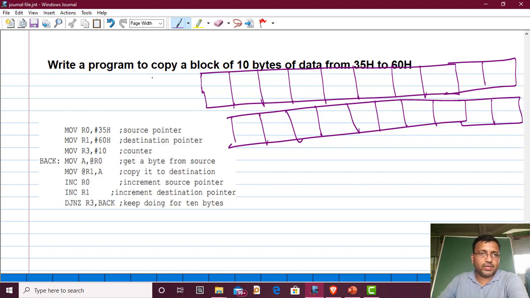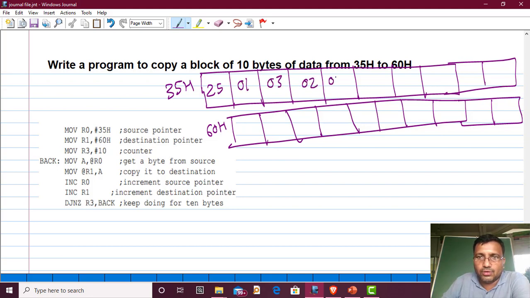This block starts with 35H and the second block starts with 60H as per the question. Then there are 10 memory locations. Copy the block from 35H to 60H. So the block contains data, suppose 25, 01, 03, 02, 05, 06, 07, 08, 11 and FF.